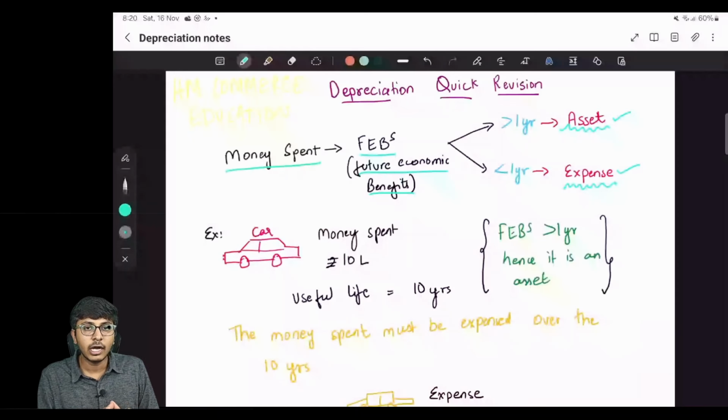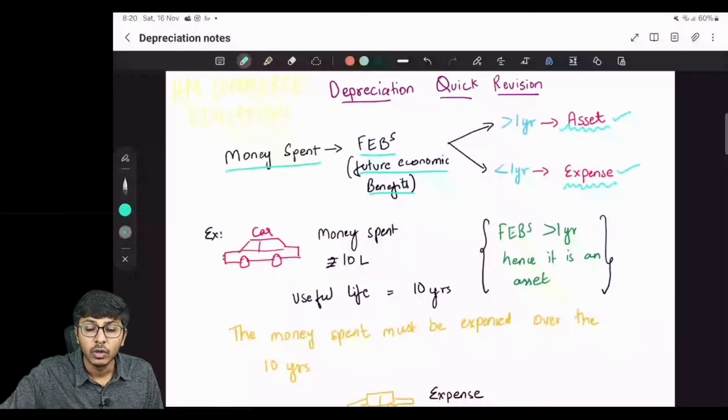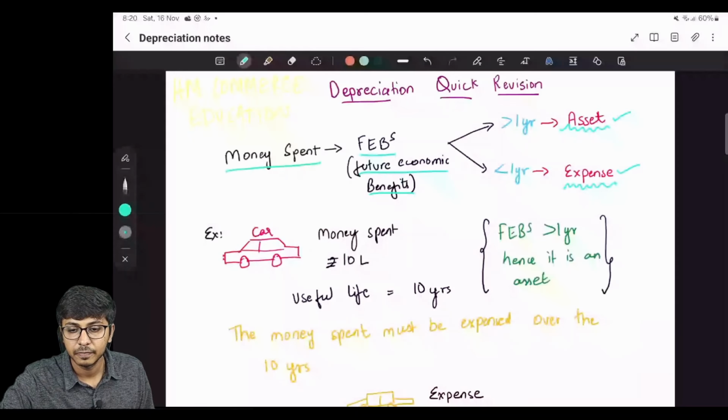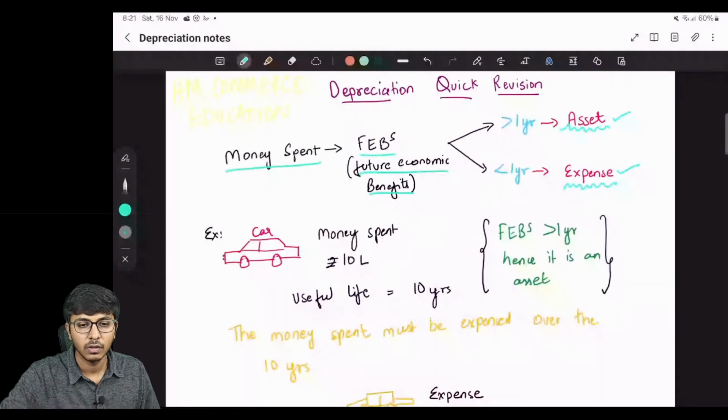The value of that car on that particular day is 10 lakhs, correct? But after 1 year, will the value of that car still be 10 lakhs? No, it will not be 10 lakhs.